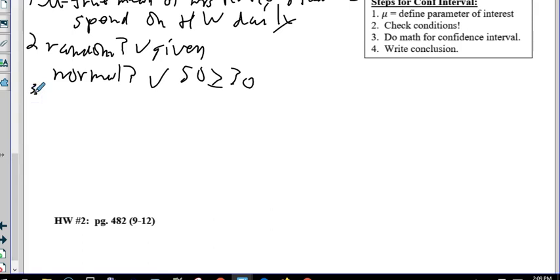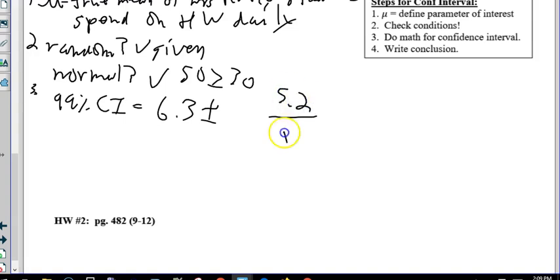Number 3, let's do the math. We're doing a 99% confidence interval. Our mean, our average was 6.3. Plus or minus, we'll leave some space. Our standard deviation was 5.2 with a square root of, whoopsie, 49. Oh wait, my bad. I was right earlier. So this is supposed to be 50.